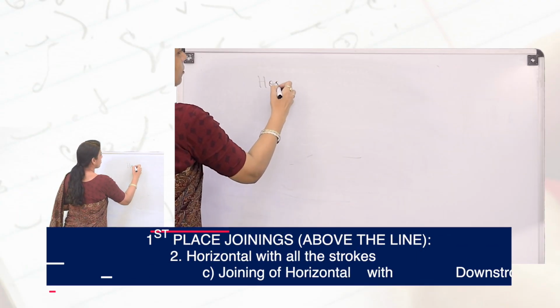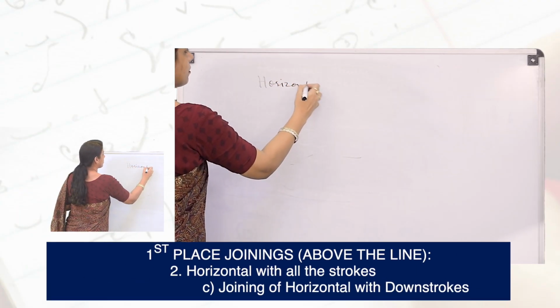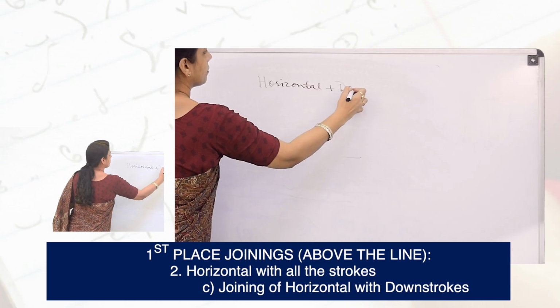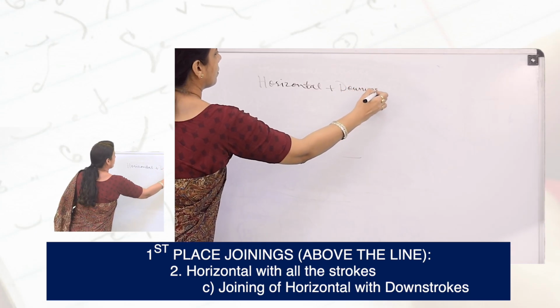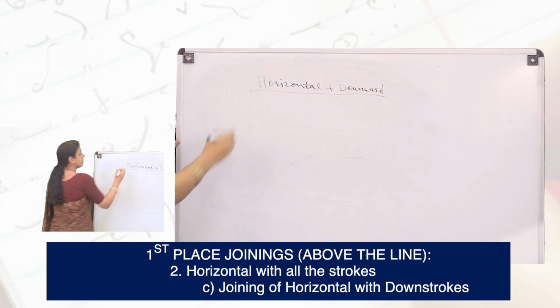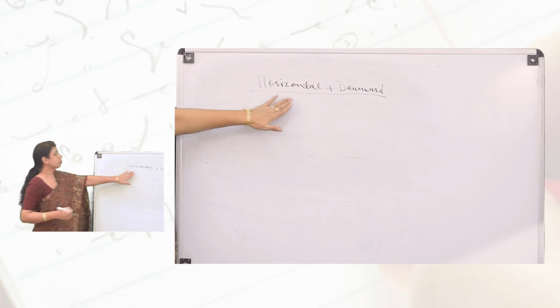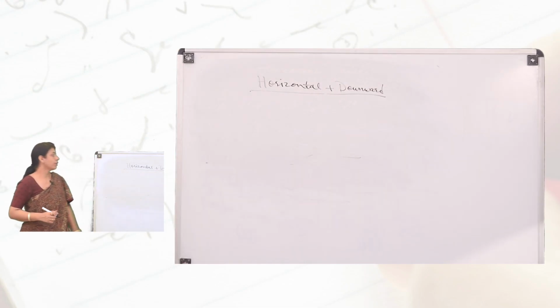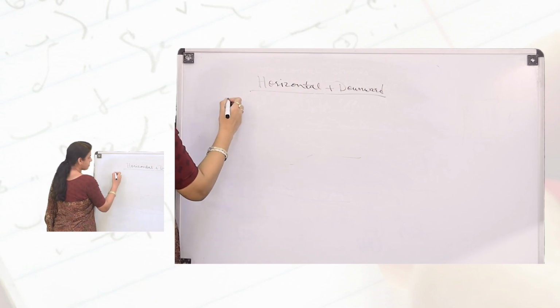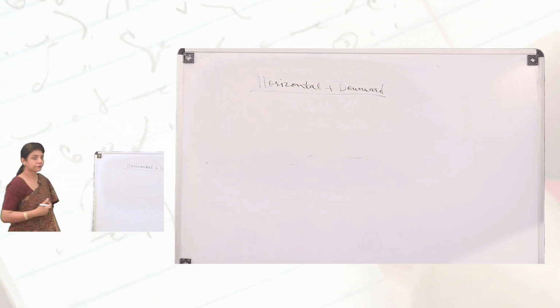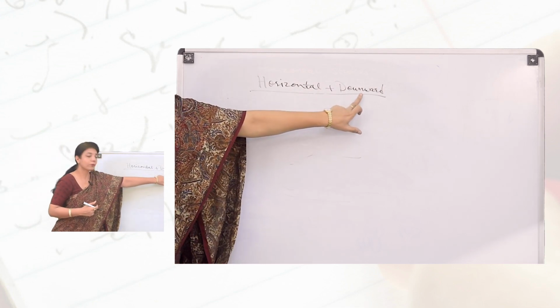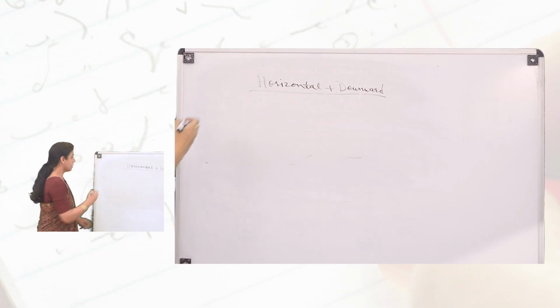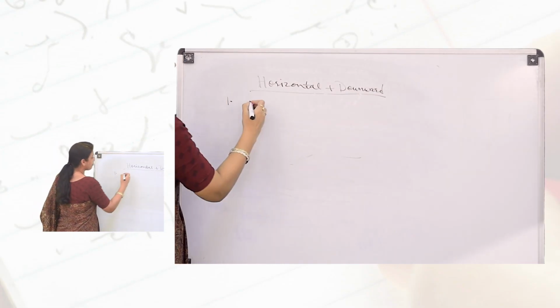Now next is horizontal plus downward. Whenever we join a horizontal and a downward stroke, both the consonants will be written above the line. Even this downward has to be above the line. Now just look at the example first.